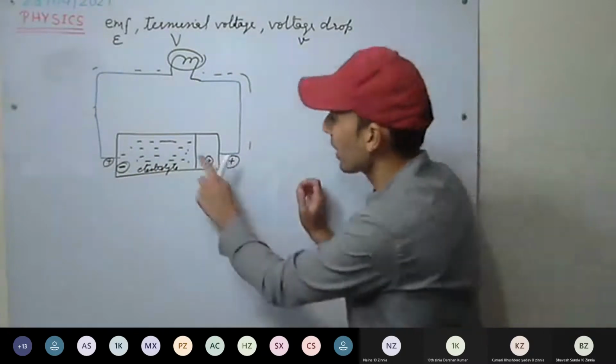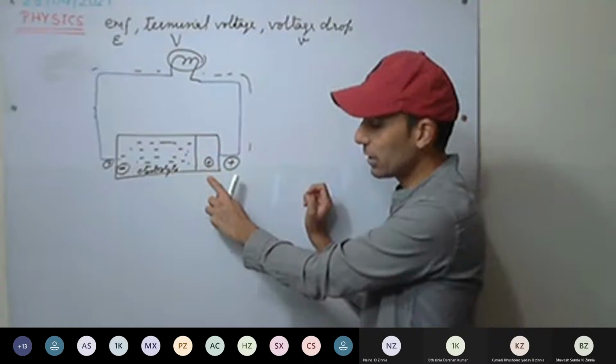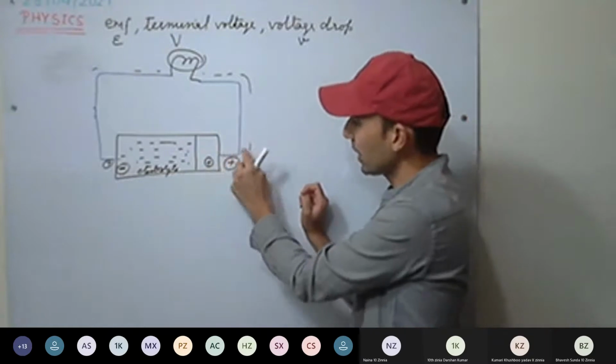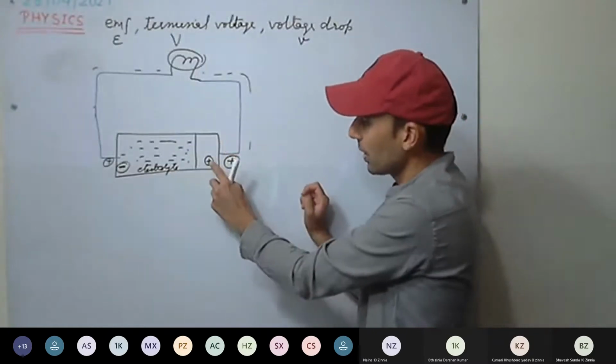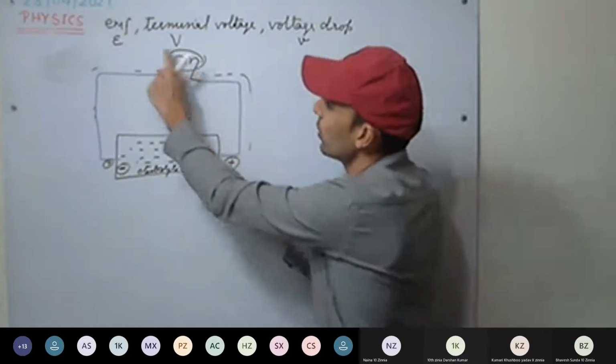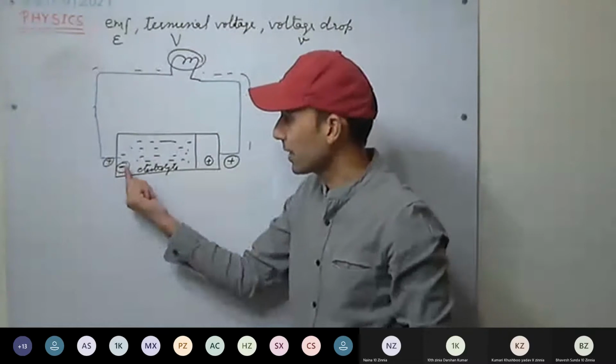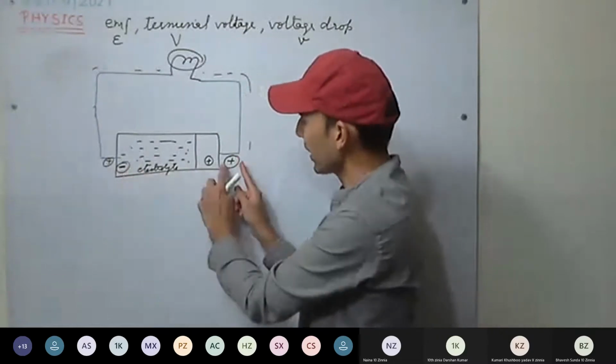See what is happening here. As it is connected, this is the positive electrode, and here in the wire we have positive charges. Now this positive charge is repelled by the positive, goes through the circuit and comes here. But here it gets attracted, there it gets repelled.